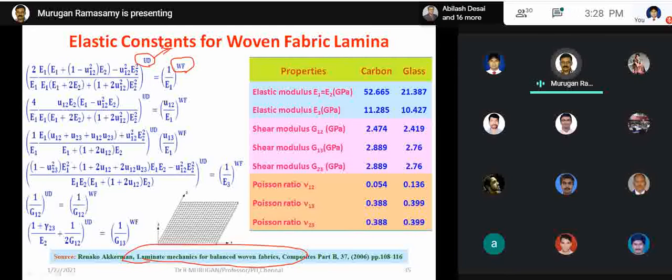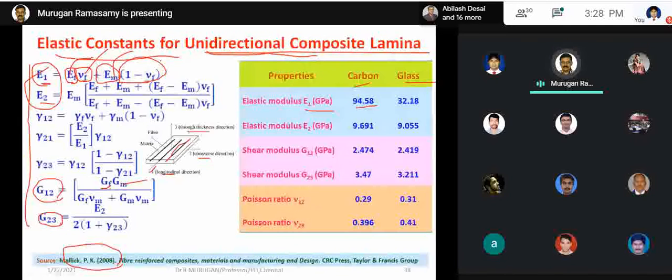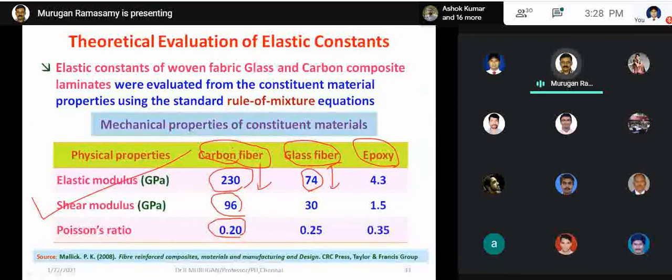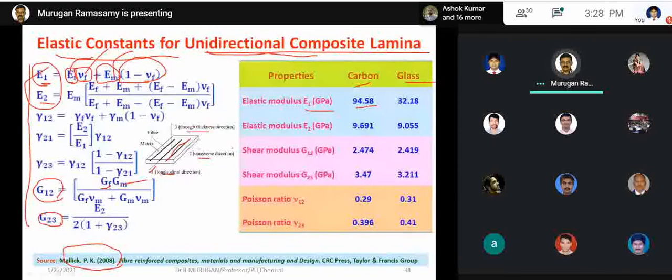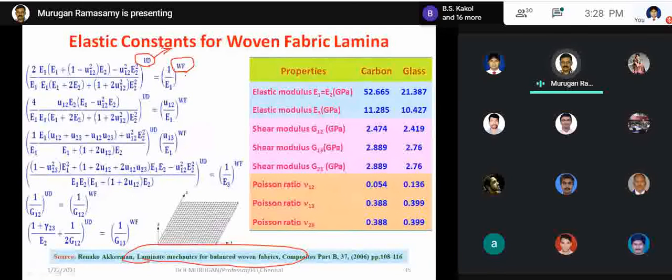I think you will understand better. First, we get the elastic constants of the unidirectional lamina based on the mechanical properties of the constituent materials, fiber and matrix. From the unidirectional lamina, we get the elastic constants of the woven fabric lamina. By using this set of equations, we are able to derive these 9 elastic constants.